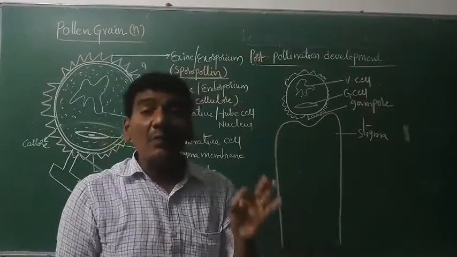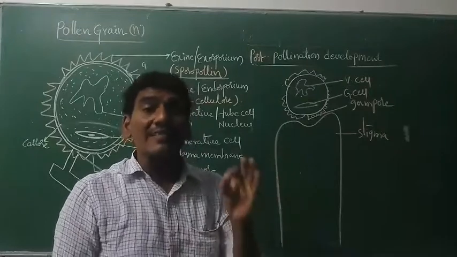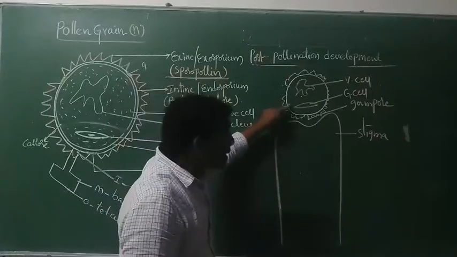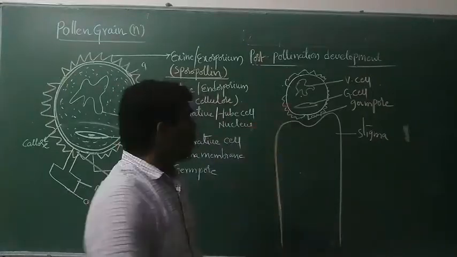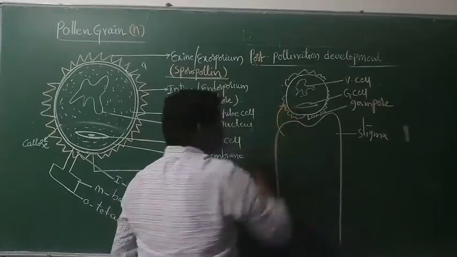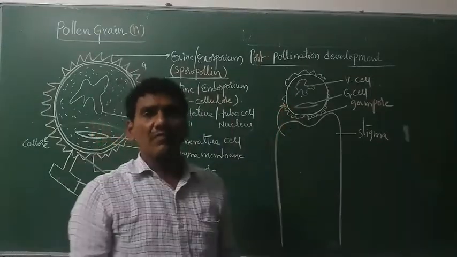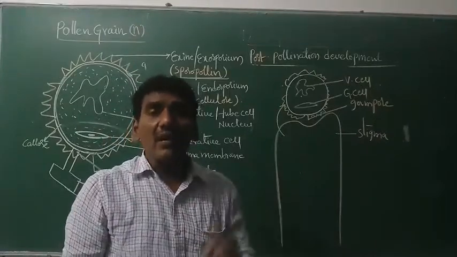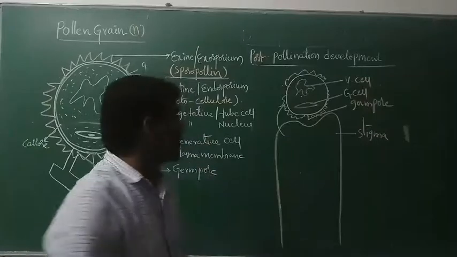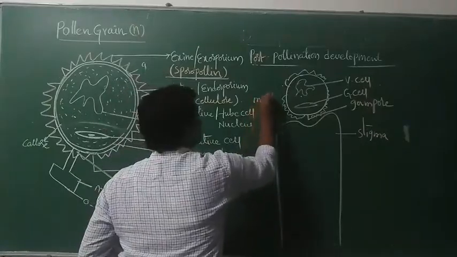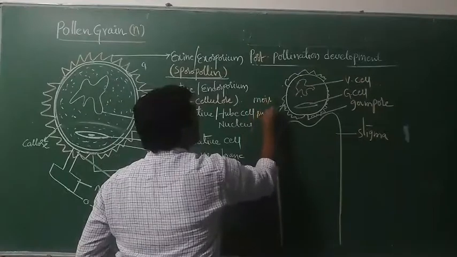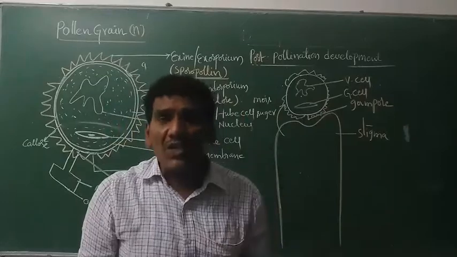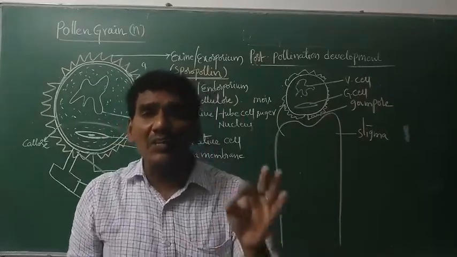The pollen grain absorbs food material from the stigmatic region, especially moisture and sugar.